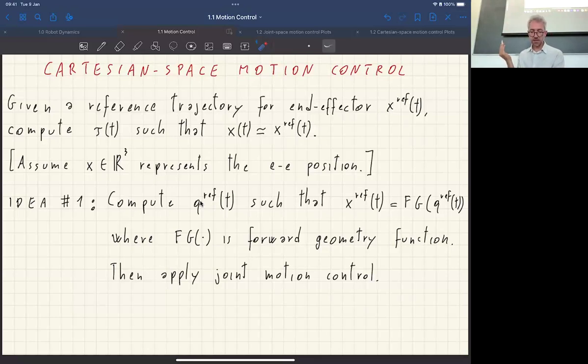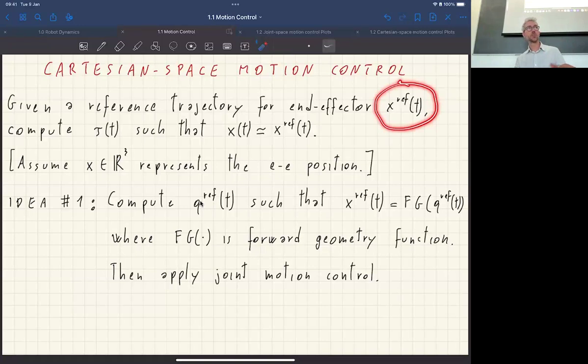So a first idea that I want to discuss so that we can then rule it out is that even if your goal is to control the end effector of the robot, you don't need to have a controller working directly in Cartesian space. Because what you could say is that, well, I have my reference trajectory for the end effector. I have this to begin with.